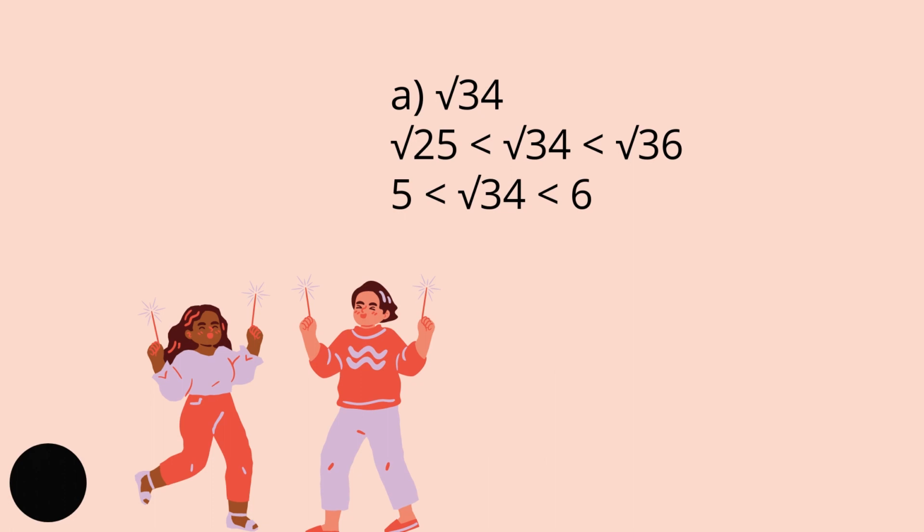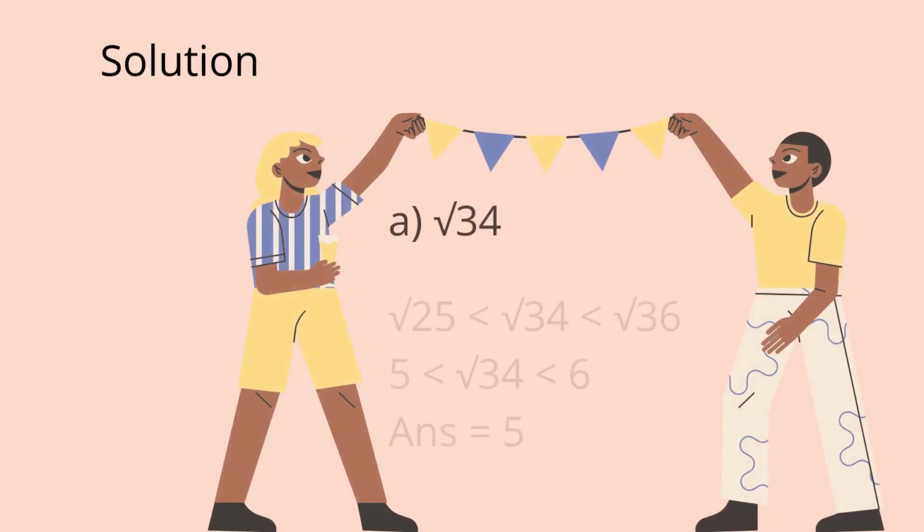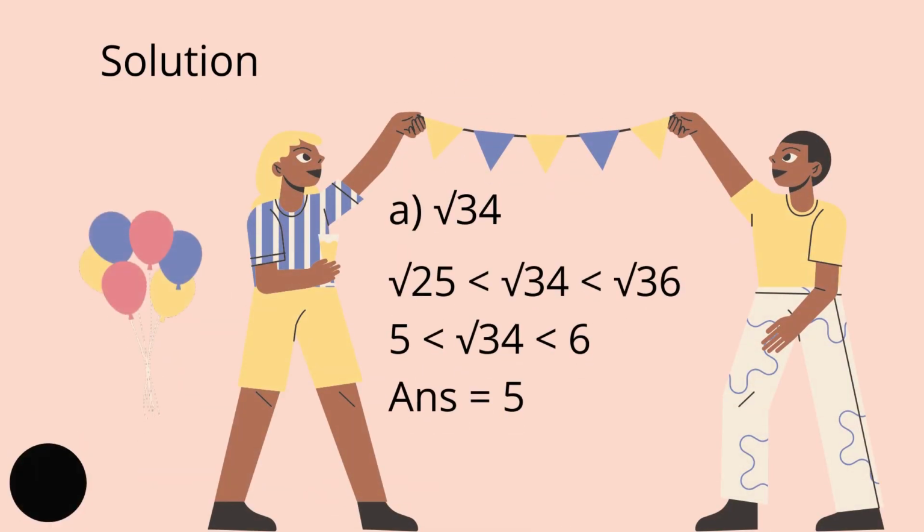Same goes for square root 36, which equals 6. The answer is 5 because square root 34 is closer to square root 36 compared to 25. So the answer is 5.